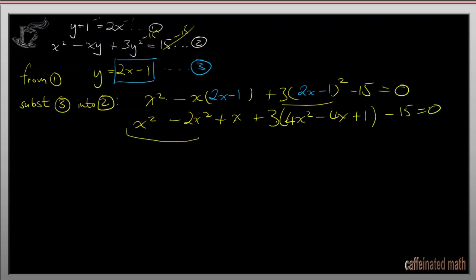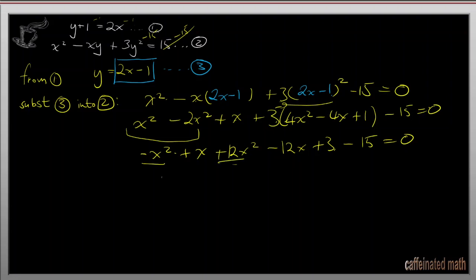We can collect these like terms in the meantime, which will give us negative x squared plus x, and then distributing the 3 into that bracket, we get plus 12x squared minus 12x plus 3 minus 15, all equal to 0. So let's get careful.